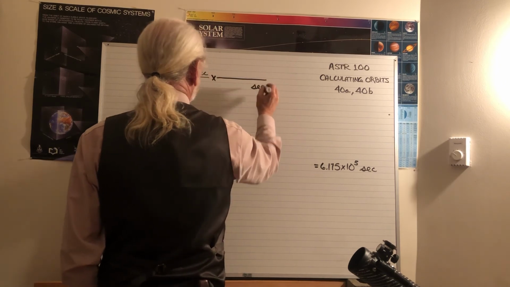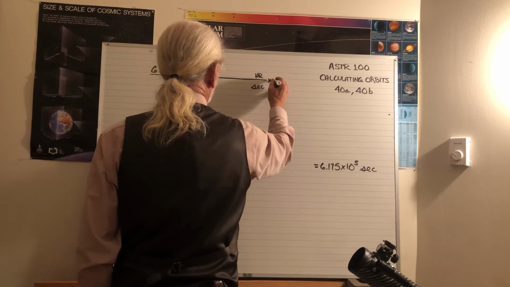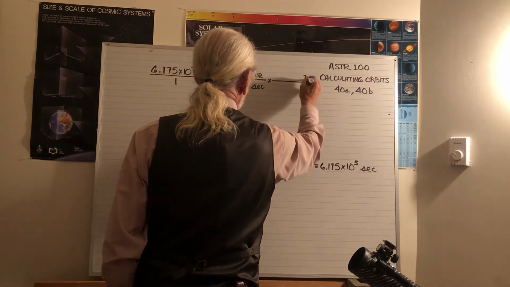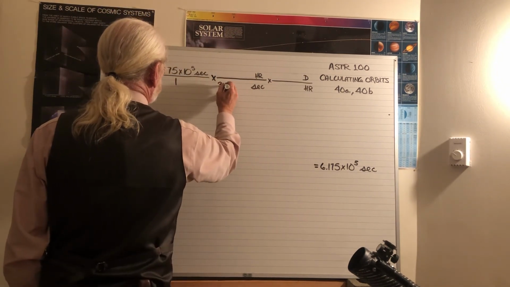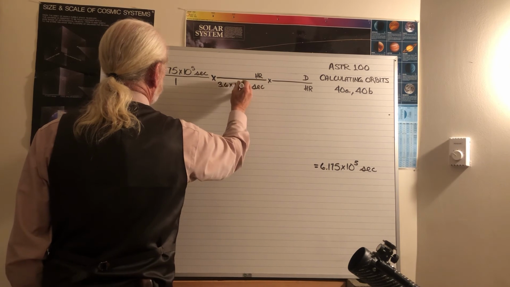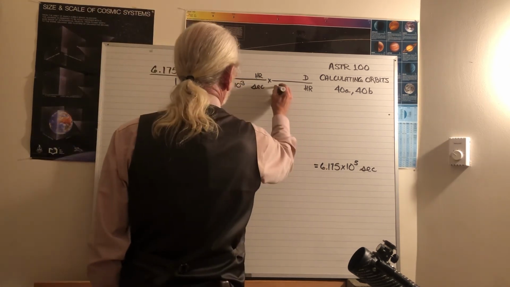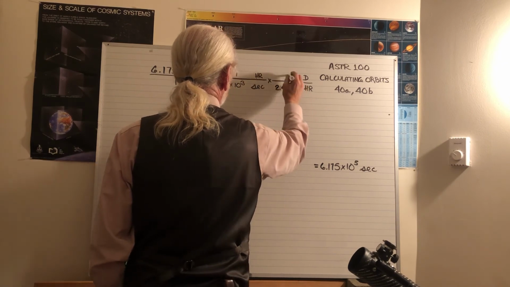I'll cross cancel seconds and replace them with hours. And then I'll cross cancel hours and replace them with days. 3.6 times 10 to the 3rd seconds makes 1 hour. 2.4 times 10 to the 1st hours makes 1 day.